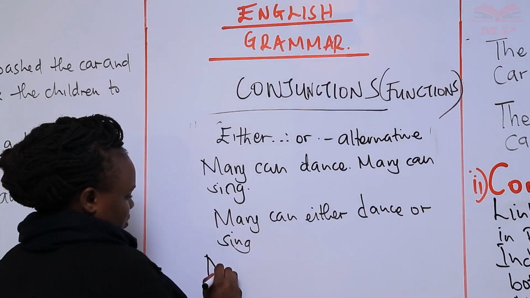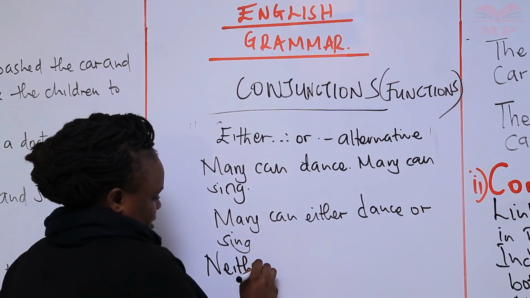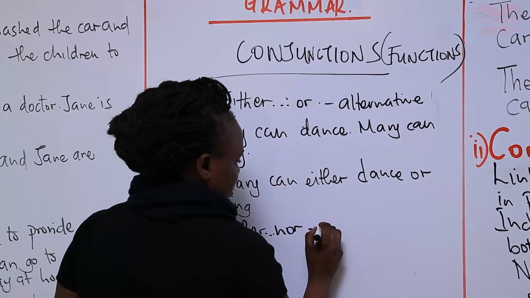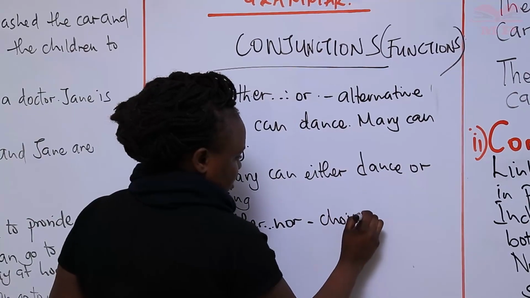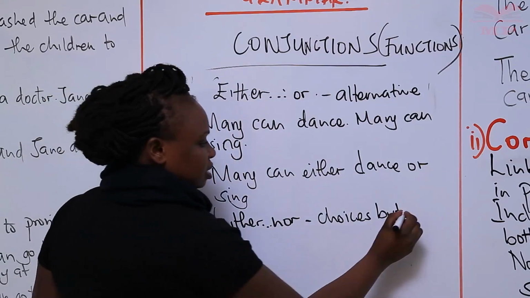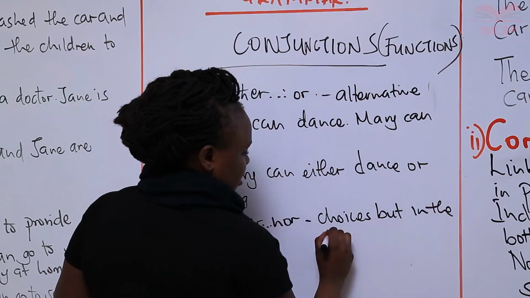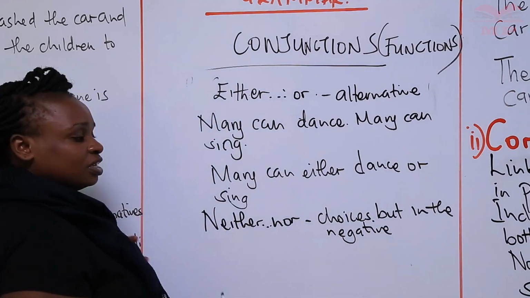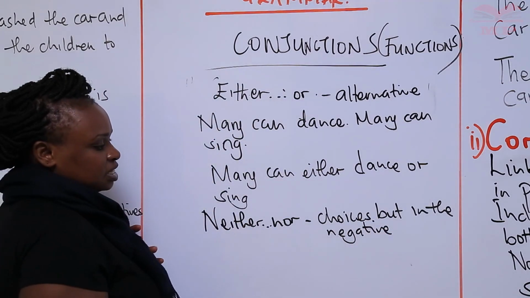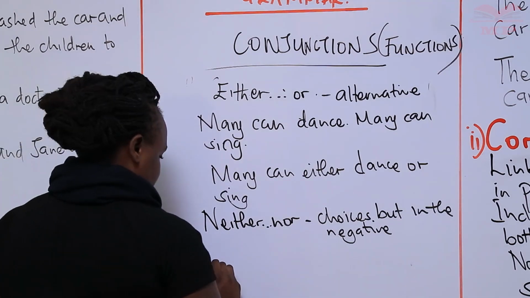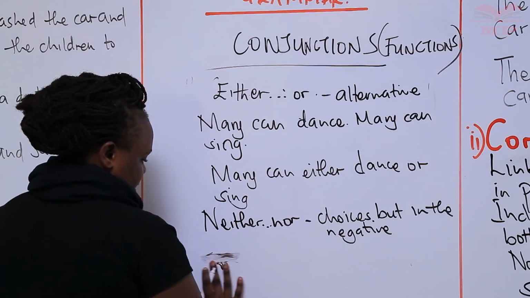For neither nor, okay? Choices, yes, but in the negative, like none of it. Negative in the sense of something that is not good. So let me use another word.